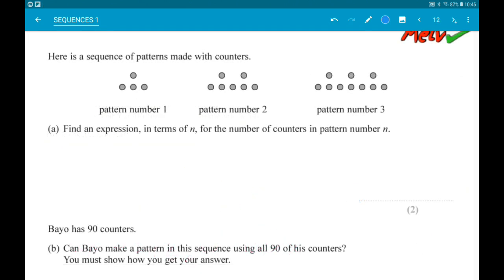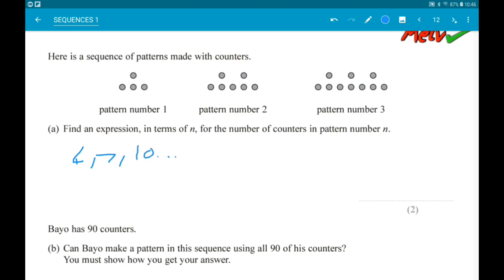Okay, now the final question, we have a sequence of patterns made with counters. We want to find an expression in terms of n for the number of counters in pattern number n. So find the nth term. So the first pattern has 4 counters, then 7, then 10.